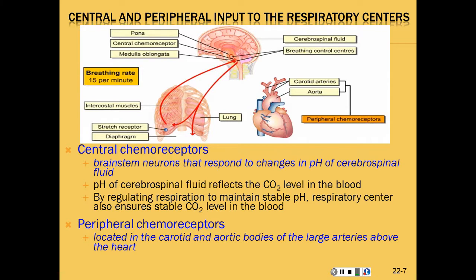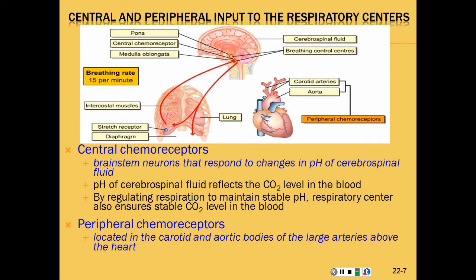The pH of the cerebrospinal fluid, or the CSF, is going to reflect the CO2 level in the blood, and by regulating respiration to maintain a stable pH, the respiratory centers also ensure that the CO2 is stable in the blood.